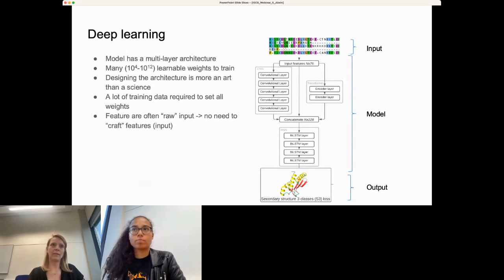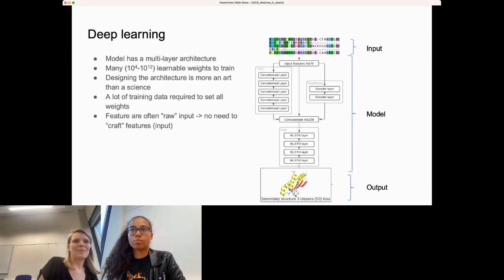So per amino acid, so here per column, effectively you would predict whether it's alpha helix or beta strand or coil. And so the training data would then be a lot of conservation patterns, and the output data on which you would train would be a lot of secondary structure annotations.